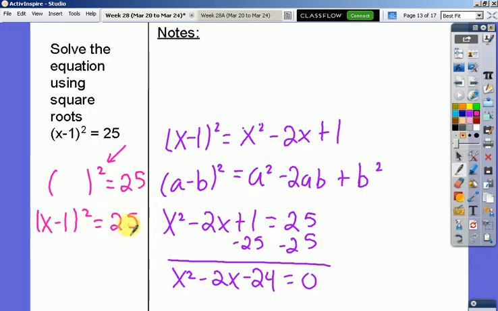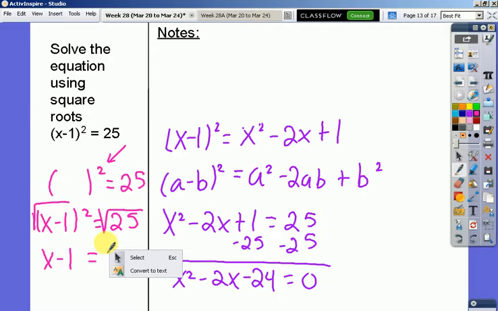So how do I get rid of that squared again? How do I get rid of the square? Square root. Okay. What happens when I introduce a square root? When I square root that, I get what? Positive or negative 5.